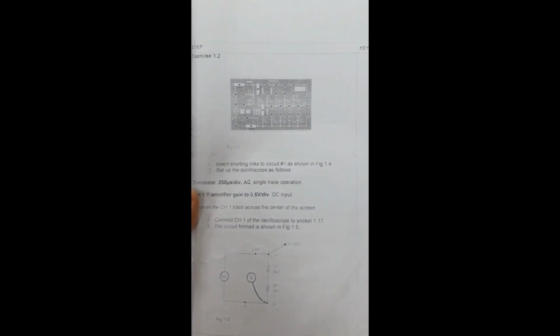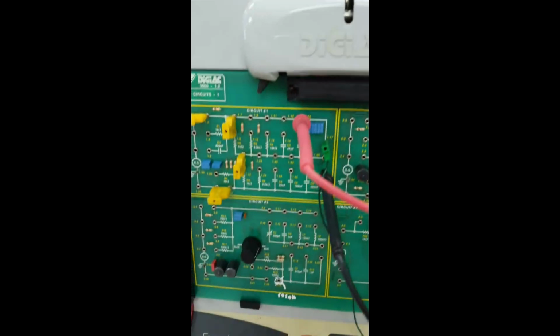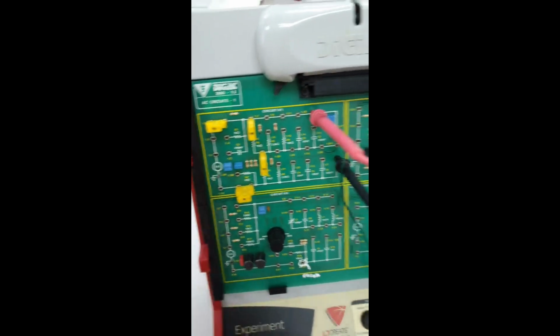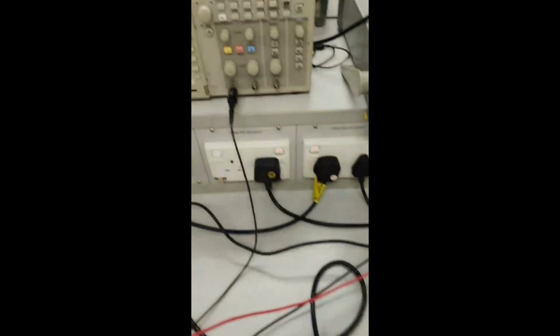First, we will insert shorting links to circuit 1 as shown in the figure. So this is circuit 1, and as you can see, the circuit is connected as in the figure. Then step 2 is we will set up the oscilloscope as follows. Time base 250 microseconds per division, and it is AC.